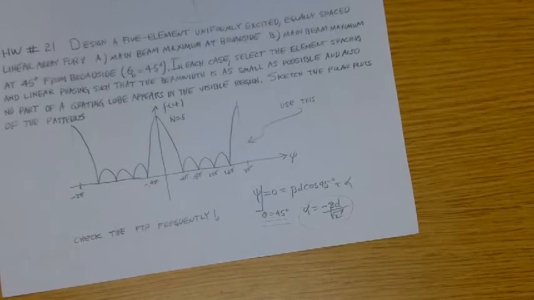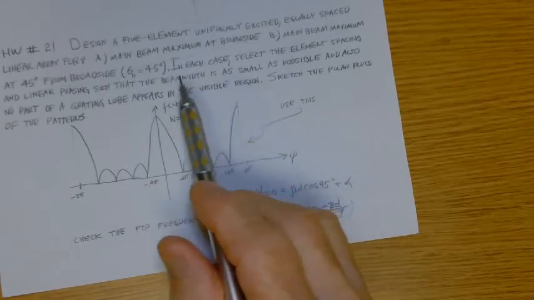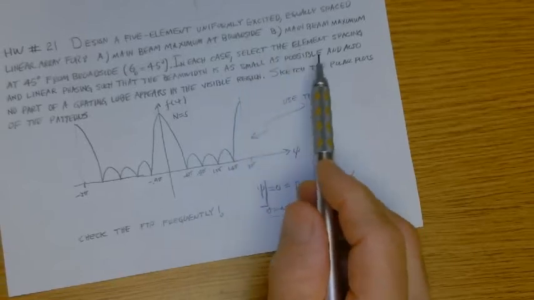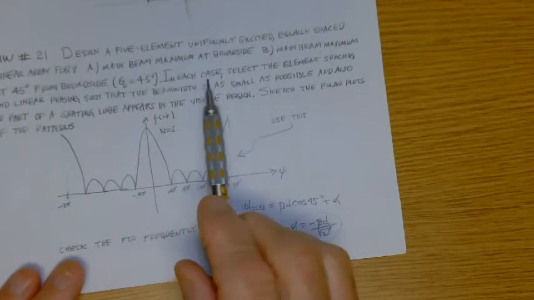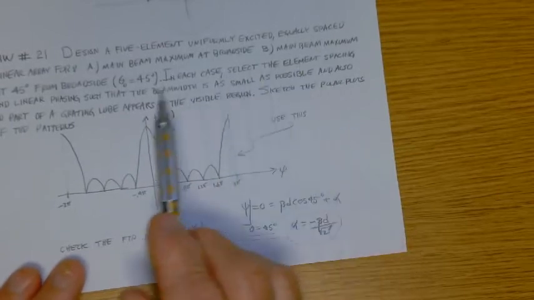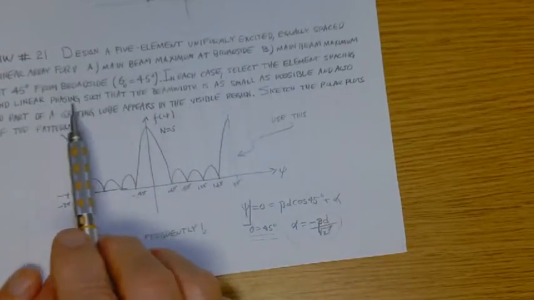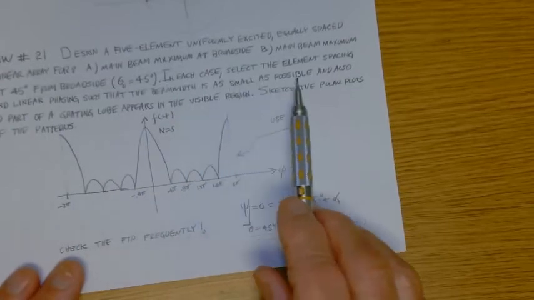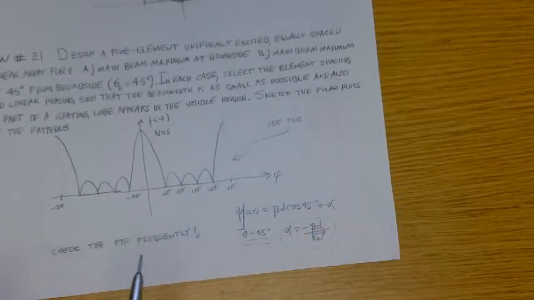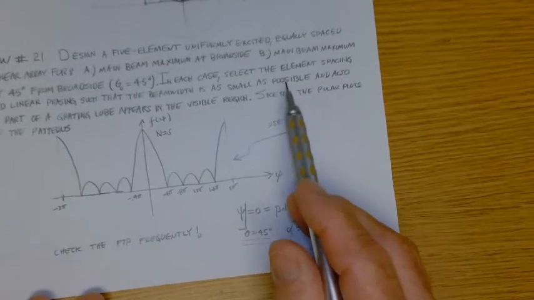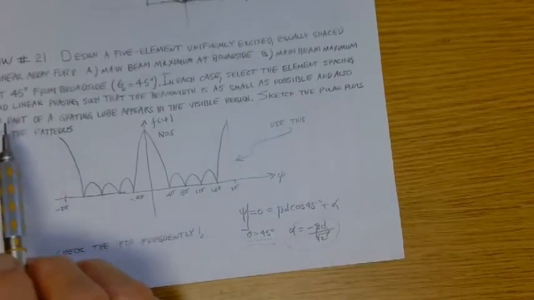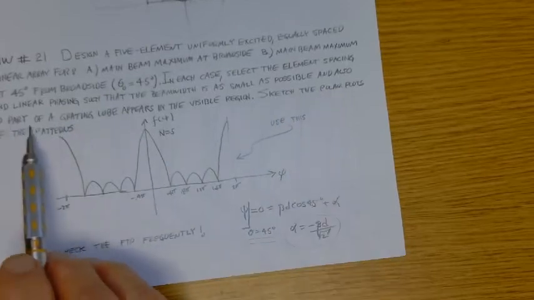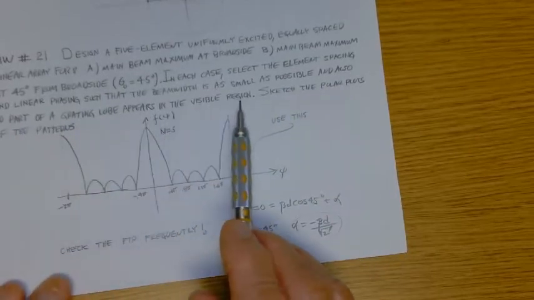Hopefully you can use that as a hint. In each case, choose element spacing and linear phasing such that the beam width is as small as possible. The beam width being as small as possible means you want the radius of the circle as large as possible, but no part of a grating lobe can appear in the visible region.